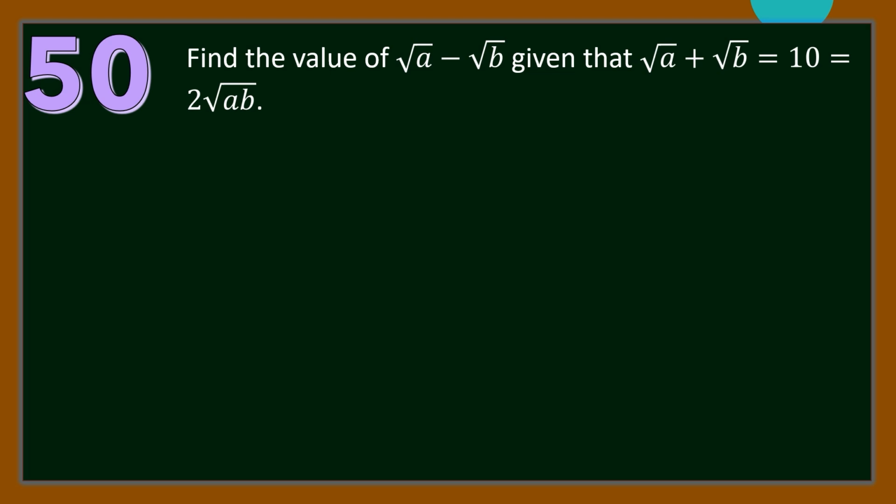Number 50. Find the value of square root of a minus square root of b given that square root of a plus square root of b equals 10 equals 2 square root of ab.